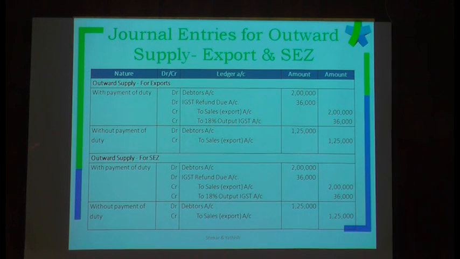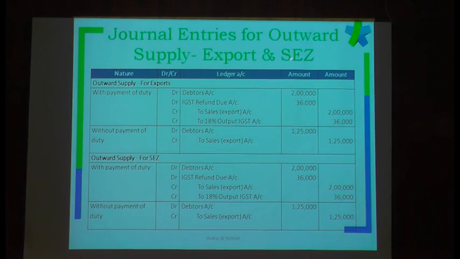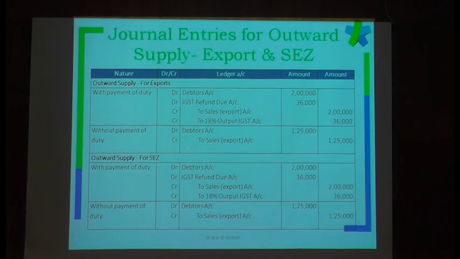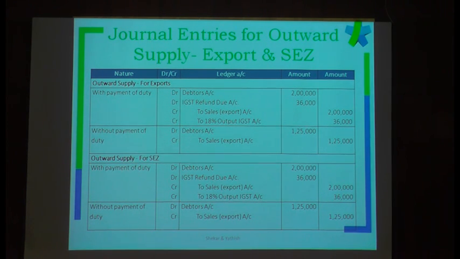Then with respect to the supply to exports or to SEZ, what will be the entries with respect to the exports or SEZ? So here you have debtors account 2 lakhs, refund IGST due account, if it is with payment of duty, then 36,000. Then sales. In exports you have two types of transactions, one is called with payment of duty, one is called without payment of duty.